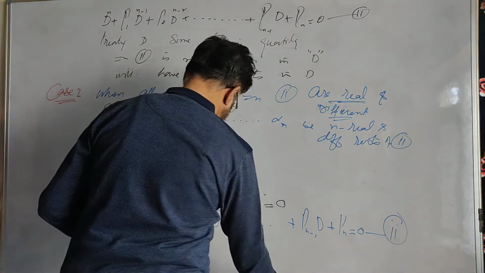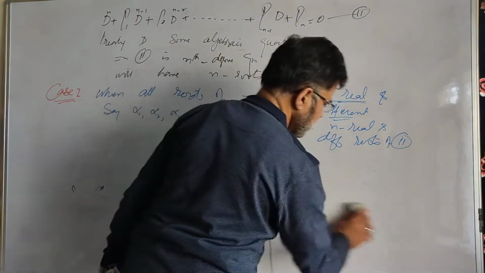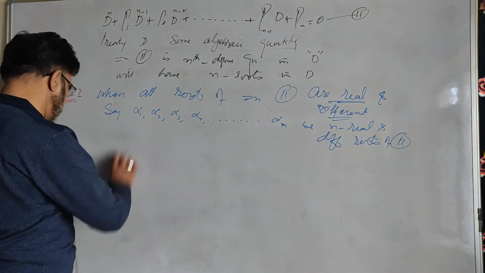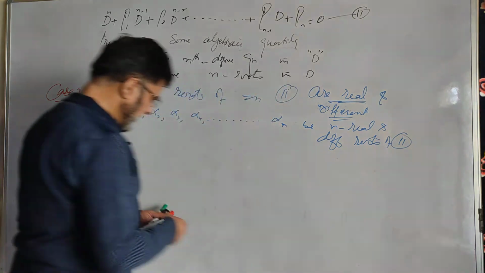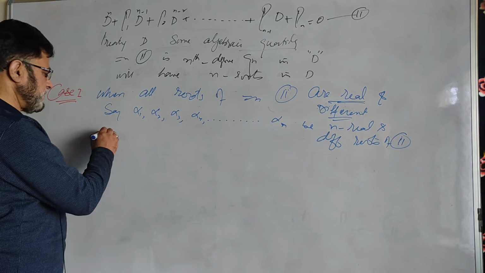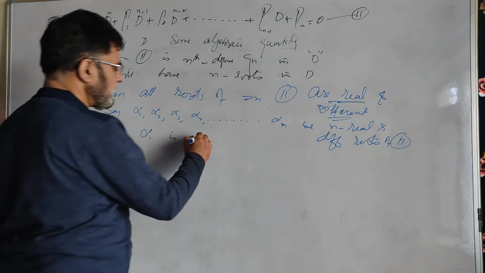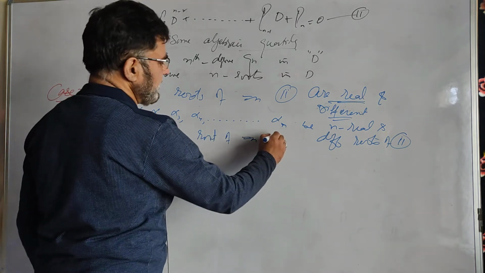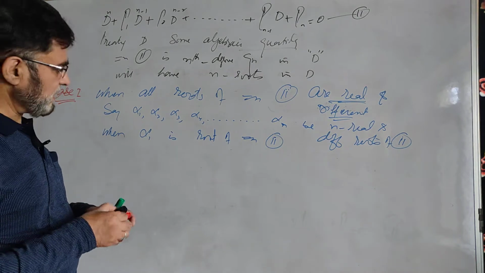Now I will concentrate on one of the different roots. Then I will write the other solutions similarly. There is no need of taking each and every root. When alpha 1 is a root of equation number second, what happens?